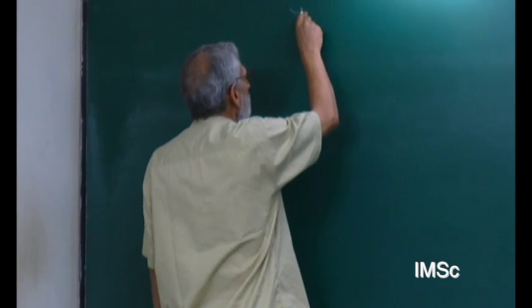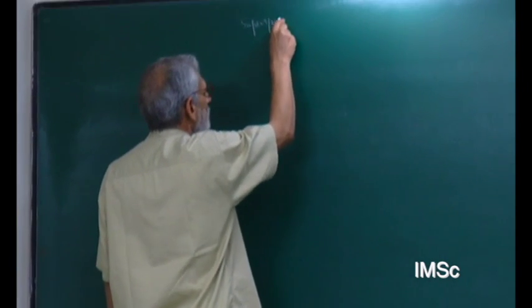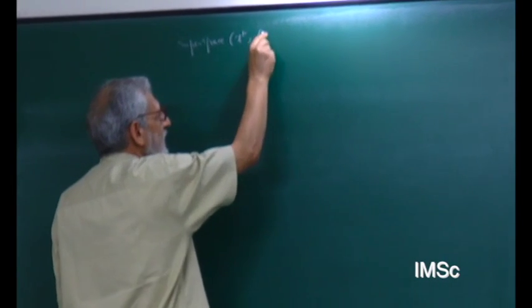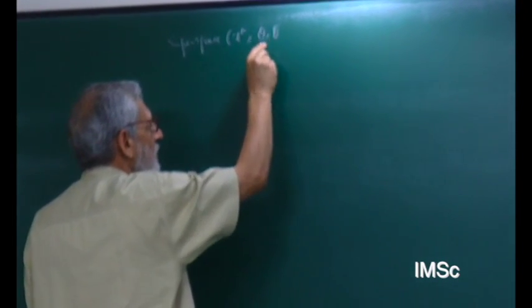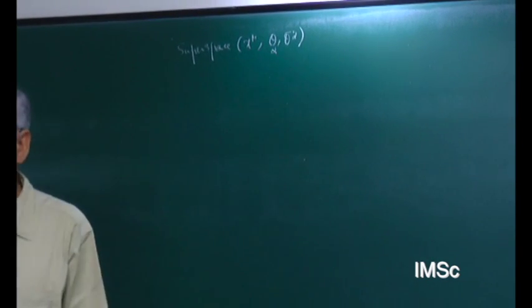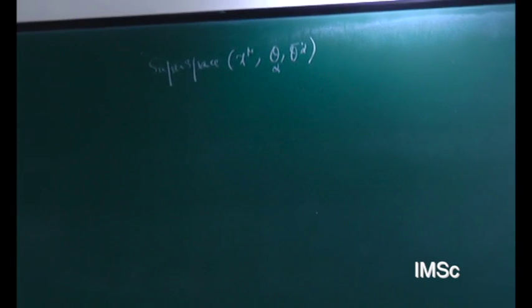So the superspace is made of 4 ordinary coordinates, and theta alpha, theta bar alpha dot, 4 Grassmann coordinates.